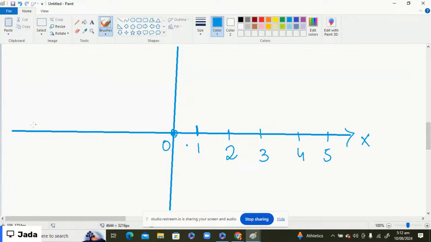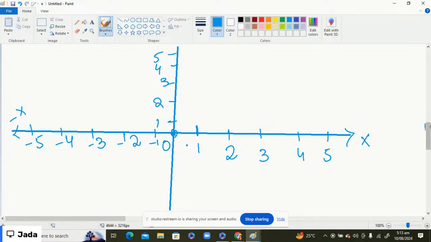Okay, this is your x, this is your minus x, it's minus 1, minus 2, minus 3, minus 4 and minus 5. Let me just take out some of the examples. Then this is for 1, 2, 3, then it's for 4 and 5.